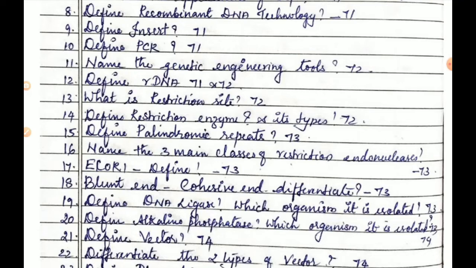Name the three main classes of restriction endonuclease. Answer is given in page number 73, second paragraph, left side. There are three main classes of restriction endonuclease: type 1, type 2, type 3.